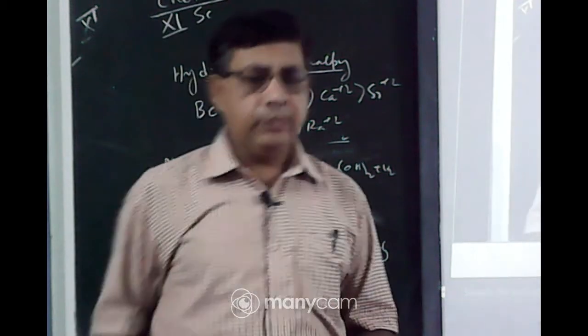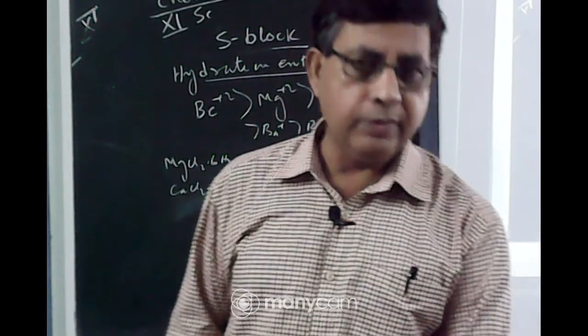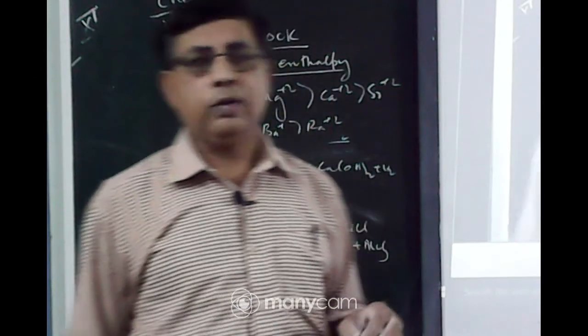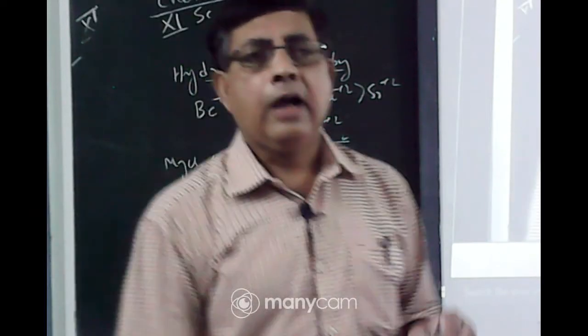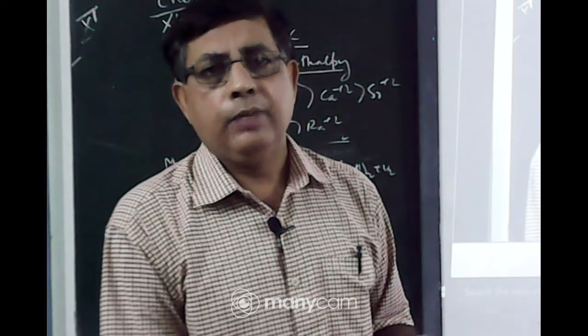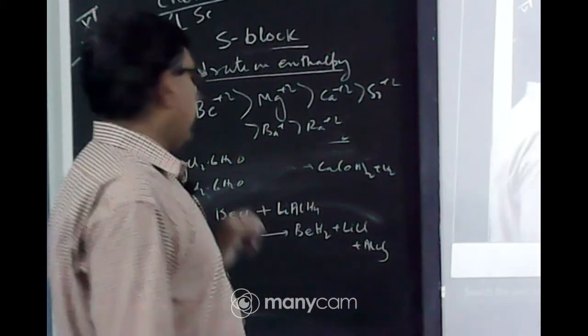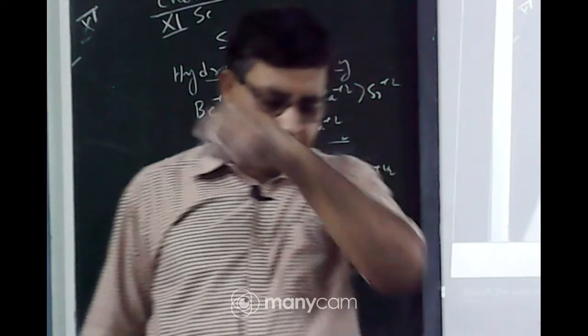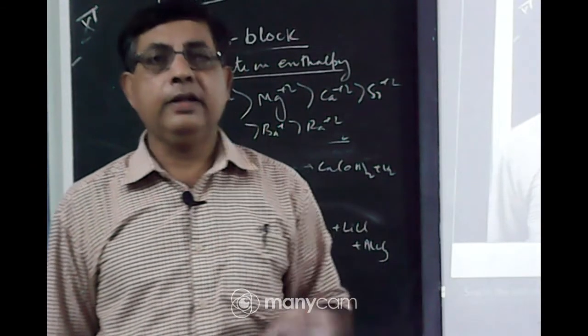So, these are some important characteristics of alkaline earth metals. In terms of physical characteristics, you must remember the atomic size, IP value, electron gain enthalpy value, metallic character, flame test, reaction with ammonia, and the oxidation state, bivalent oxidation state and hydration enthalpy.